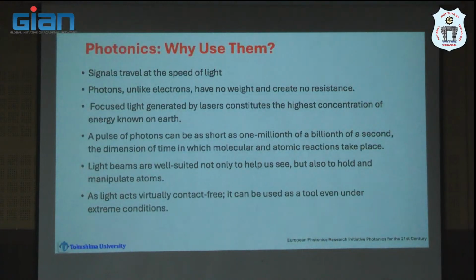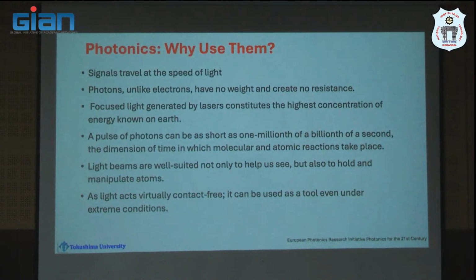Now talking about lecture number 5, optoelectronics, photocatalysis. So photon, opto, light. Anything which is related to light, we say light.